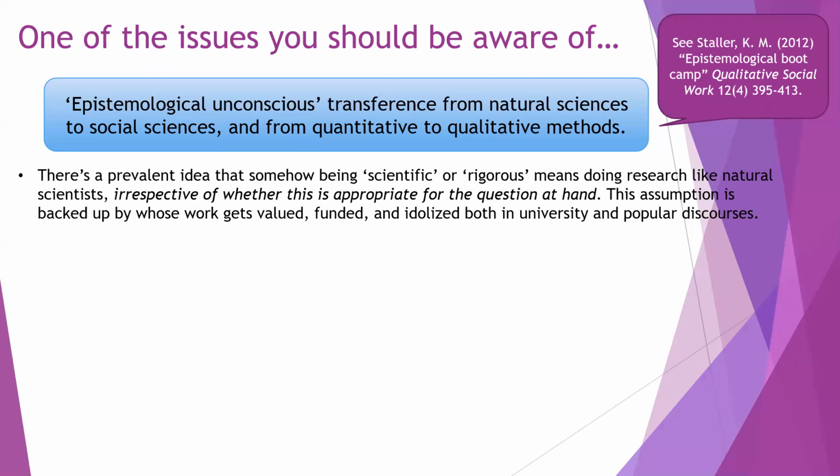Whose work gets idolized and lauded in the public media and in the university backs up this idea that somehow positivist natural sciences are the best methodology for asking any question with rigor and certainty. And that's a very, very strange way to think about doing research.